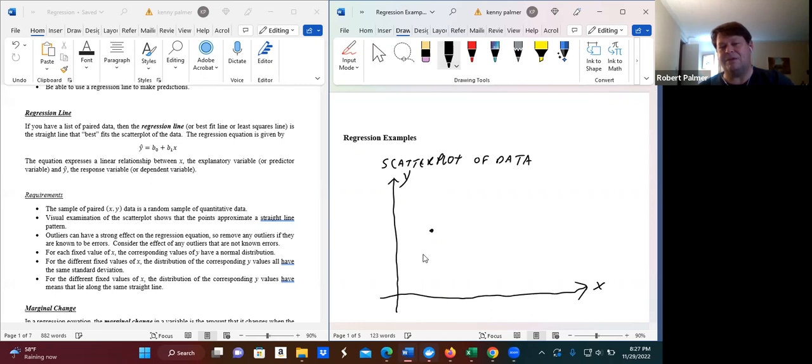Let's say it looks like this. Okay, so you get the idea. Let's make a few more points here to make it a little more clear. It looks like there might be some kind of general linear trend. It looks like in this case it might be upward. Let's add a few more points to make it more clear.